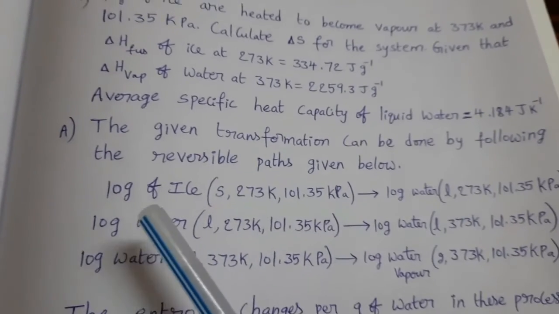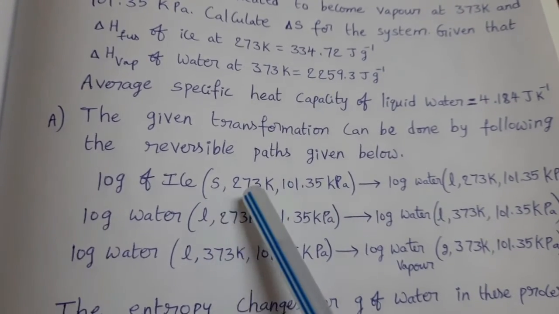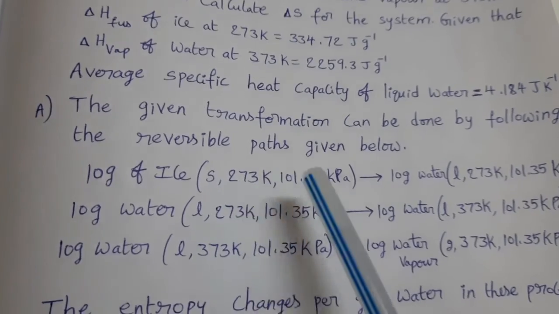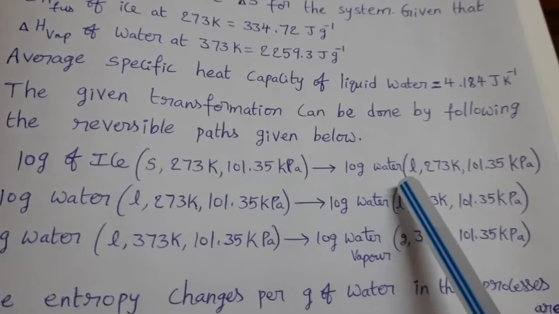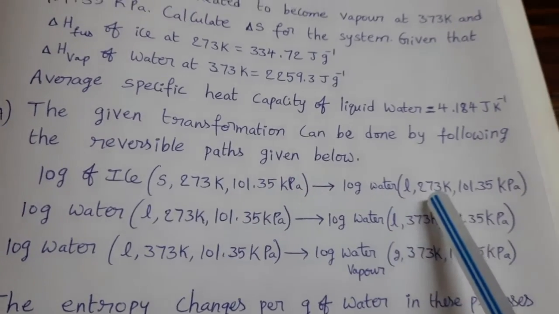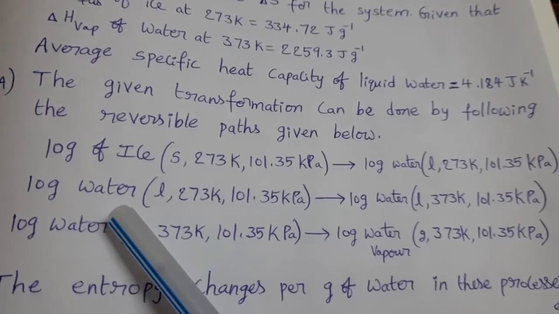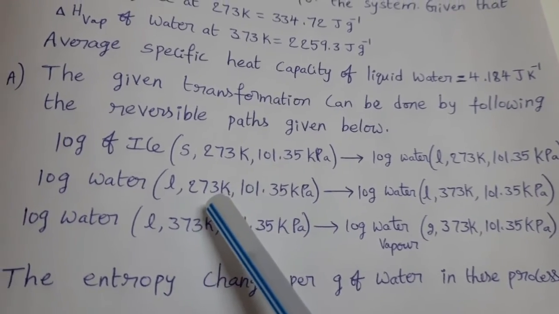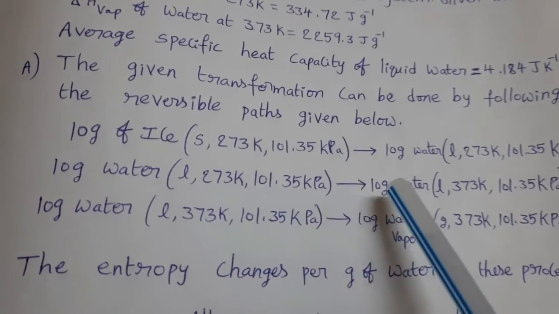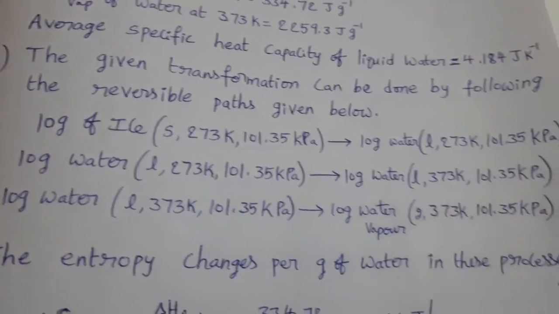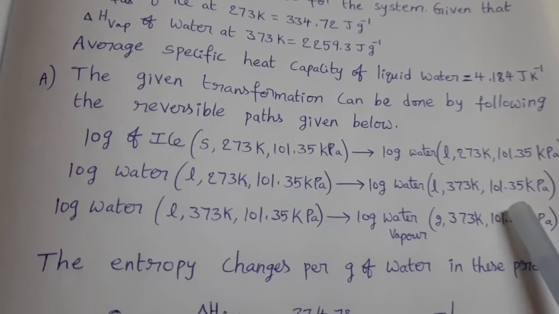Say one by one. 10 grams of ice present in solid state under the conditions 273 Kelvin and 101.35 kilopascal changed to 10 grams of water. Physical state is liquid. Temperature and pressure are the same. Next, this 10 grams of water in liquid state at 273 Kelvin, 101.35 kilopascal changed to 10 grams of water at 373 Kelvin, and pressure remains the same.